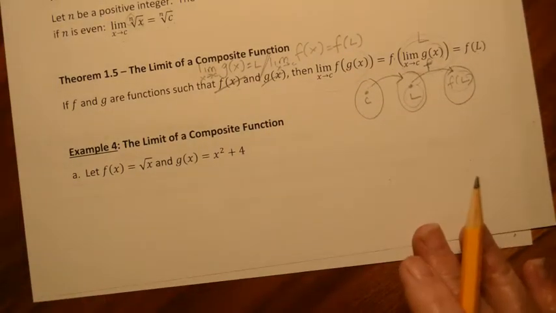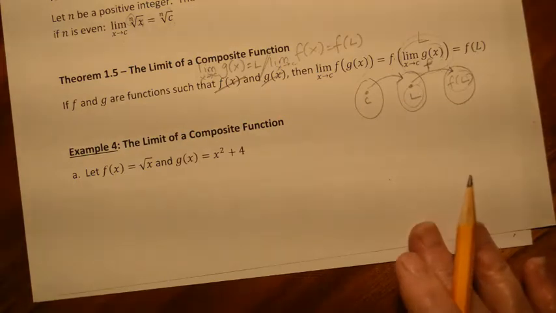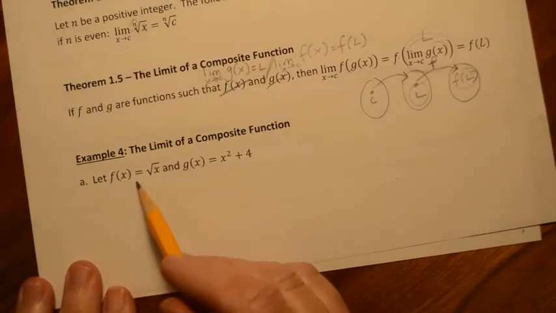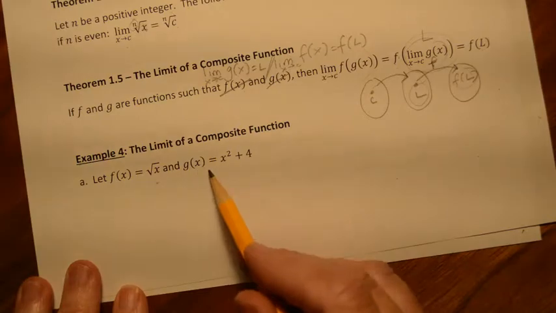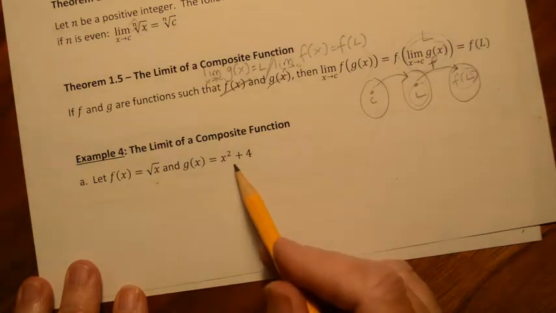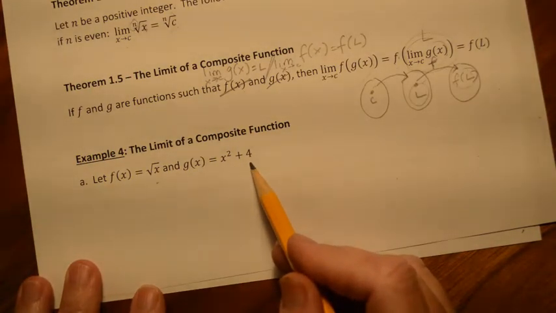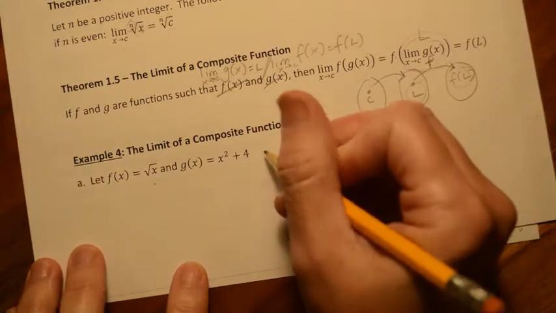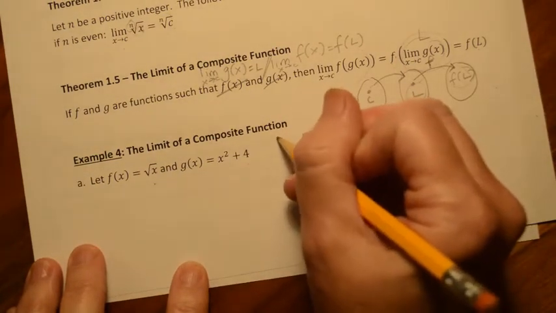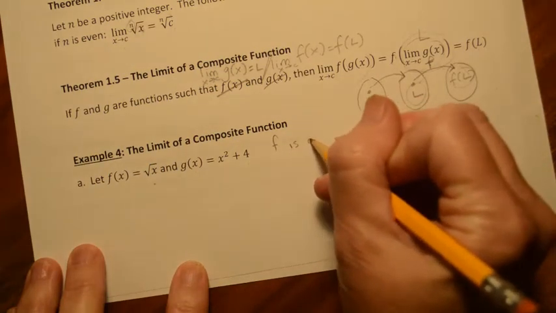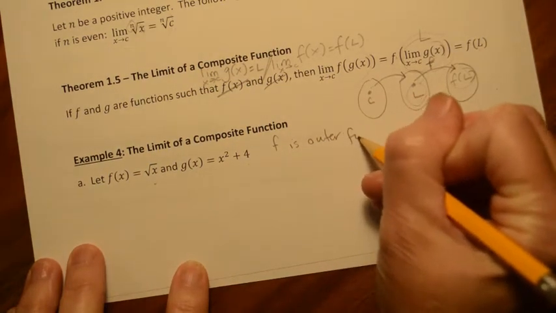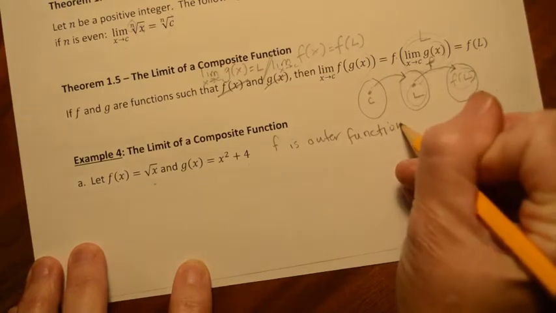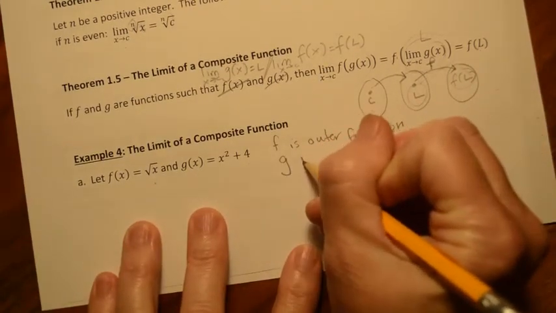So in example 4 here, we have a function f of x equals the square root of x, and g of x equals x squared plus 4. And there's things here that I did not write. Again, I need to correct that. So f is going to be the outer function. g is the inner function.